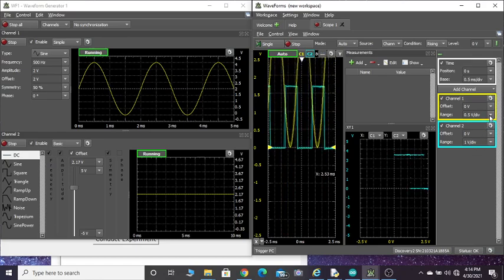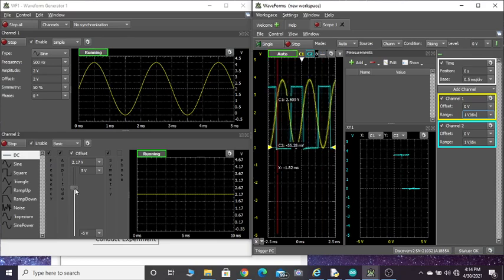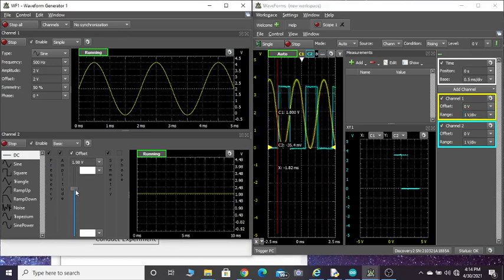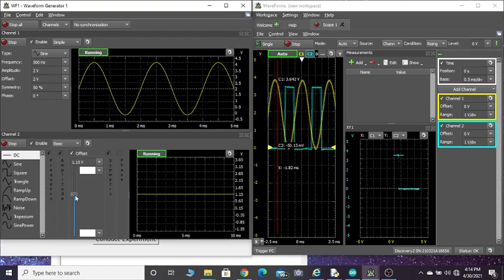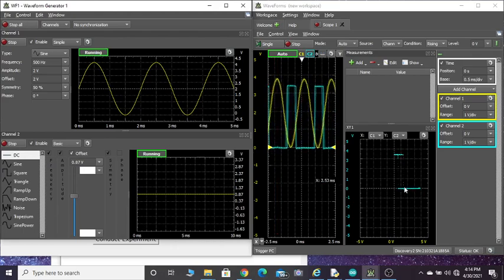I'll make this also 1 volt. If I reduce the control voltage, can you see it is moving towards the left side? Now it is almost 1 volt. It is almost 0.87. This is 0.87, and this is almost half of that.